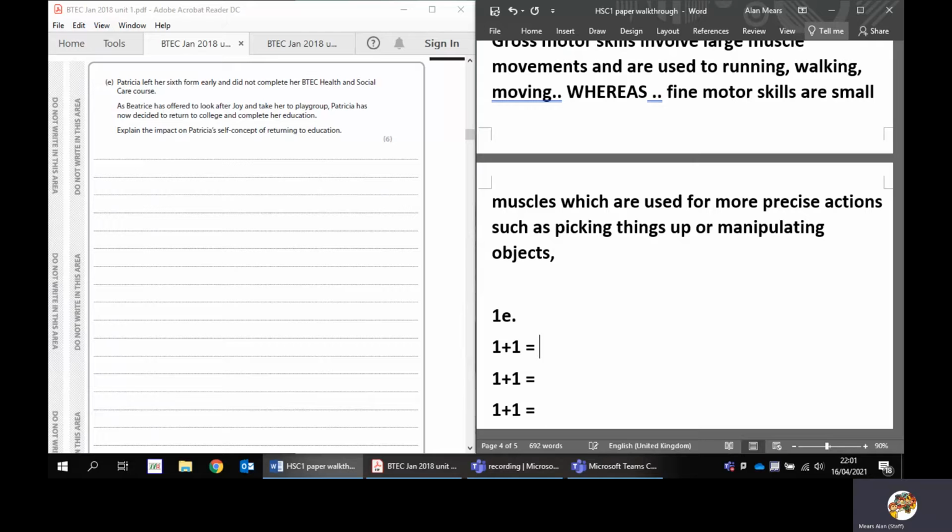So again, we're trying to make sure we're making 6 points to pick up 6 marks. So obviously we're thinking about Patricia's self-concept. So one thing we could say is Patricia's, how do I spell Patricia's name? Patricia.